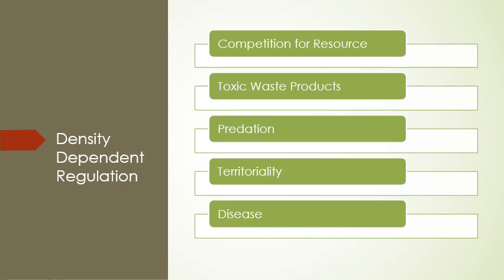Predation: the higher the population of predators, the more the prey population is controlled, the lower the prey population. Territoriality: depending on what territory size a predator or a group takes on, they're able to regulate each other. And disease, as we talked about with the zombie apocalypse. The zombie hordes coming in.